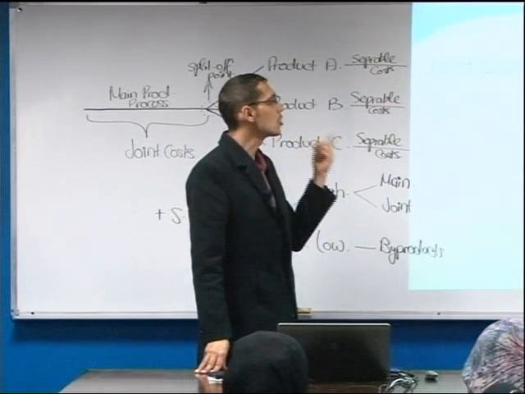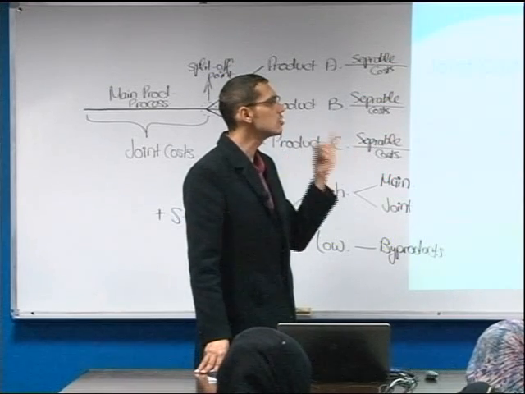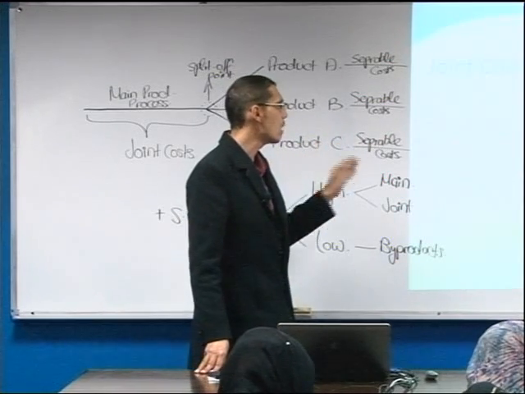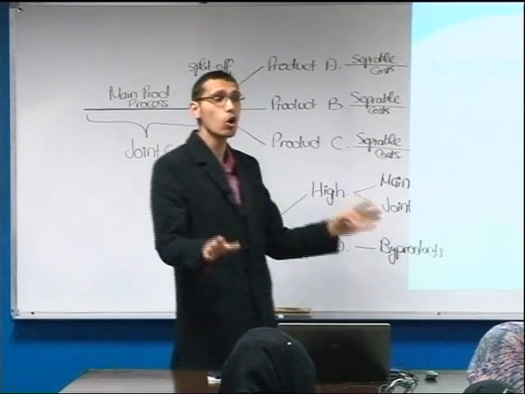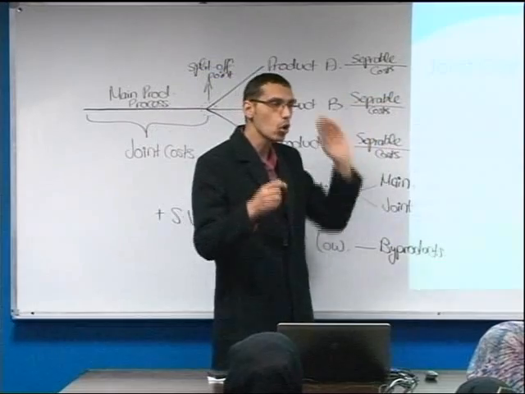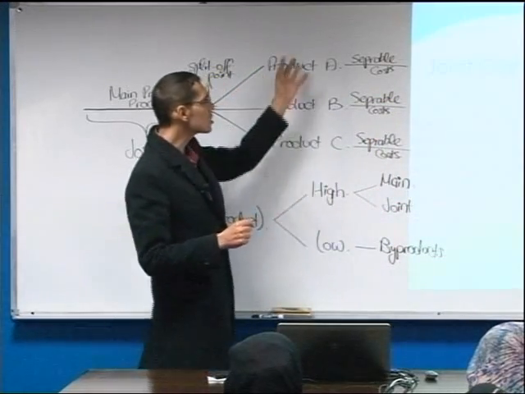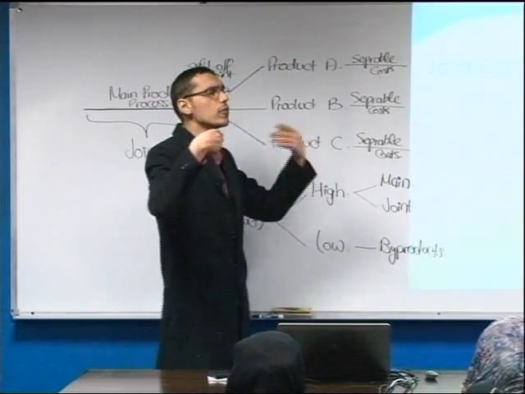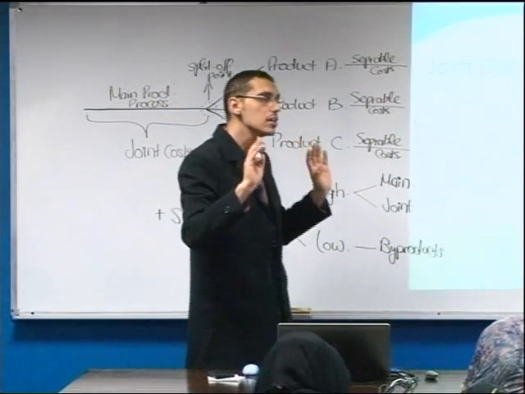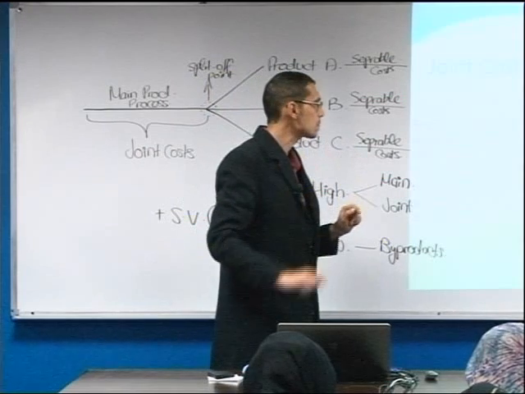These two joint products are sold to an independent company which markets and distributes them to supermarkets and other retail outlets. Therefore, these products are sold exactly after the split-off point, and no further processing is done to them.